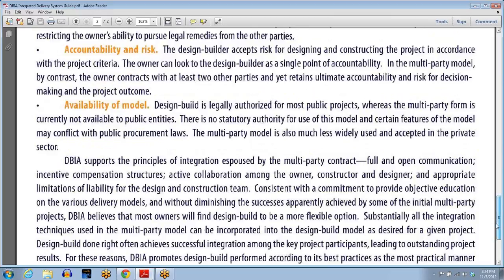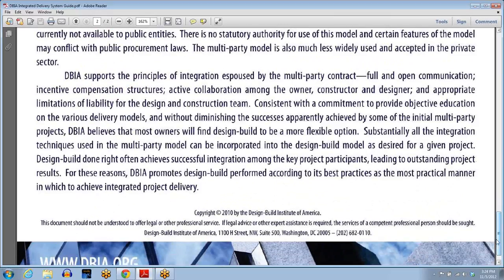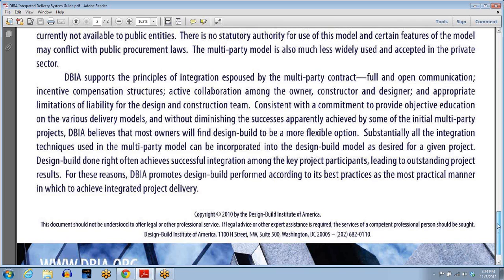It also can be viewed as a negative because now the church has lost control of not only the construction but now of the design, because the architect is designing it for the builder who he is employed by. But nonetheless, as I dealt with that in the recording, this is their take on it.